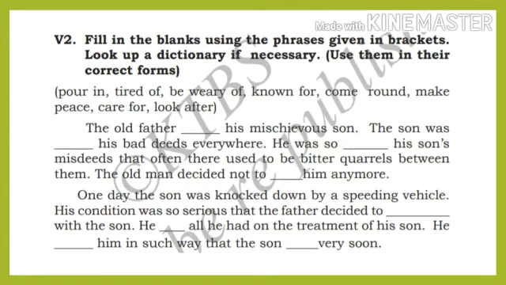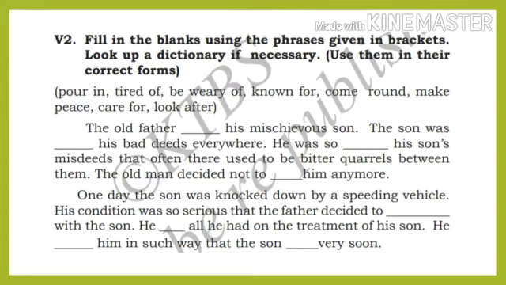The first one: the old father dash his mischievous son. The son was dash his bad deeds everywhere. I'll just do the first one for you. The phrases are: make peace, care for, look after, known for, be weary of.